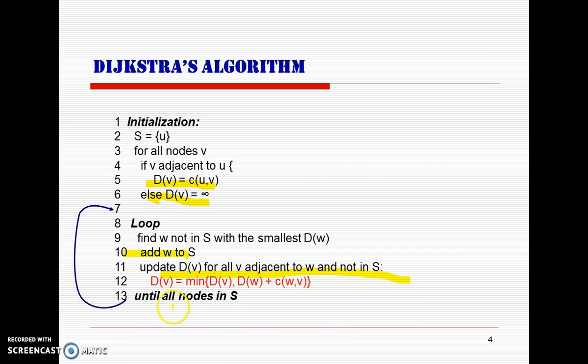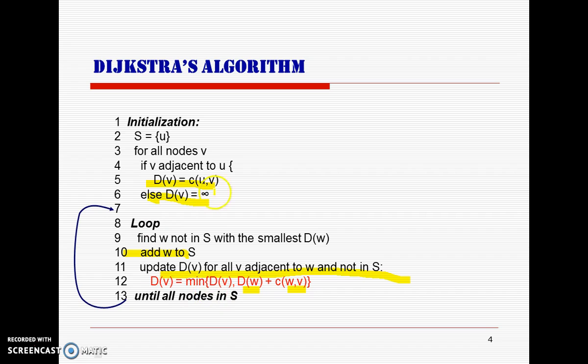We have to find the least cost, so we apply the minimum of the total path: d of v equals min of d of v, comma d of w plus c of w comma v. Here d of w is the current distance, and c of w comma v is the edge weight.